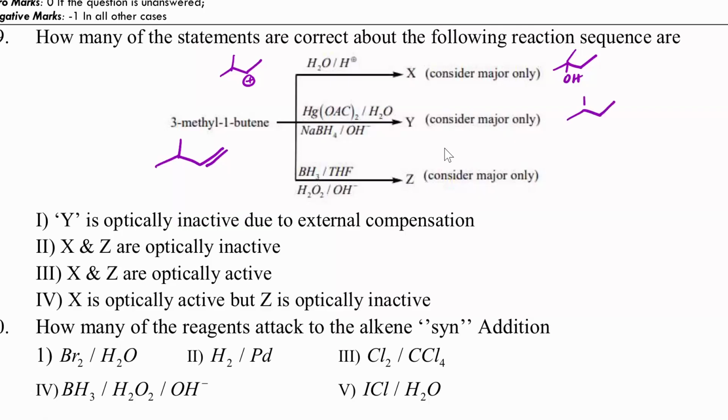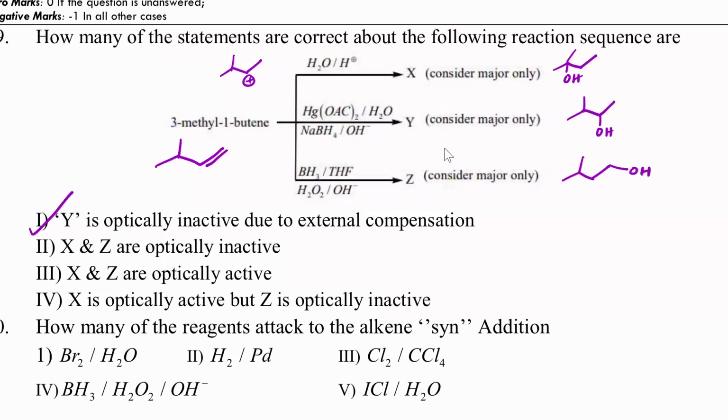While on the other hand, when you take oxymercuration-demercuration, you will get no carbocation but Markovnikov addition. On this position, it is anti-Markovnikov addition. This is the product formed. Okay. So statement: Y is optically inactive due to external compensation, which is true.